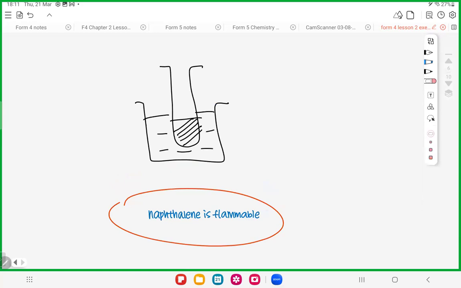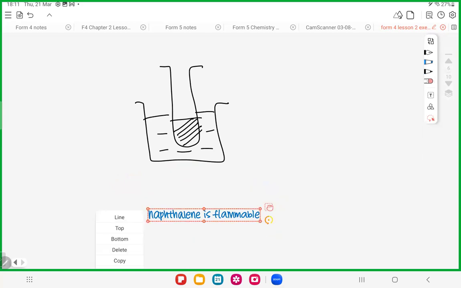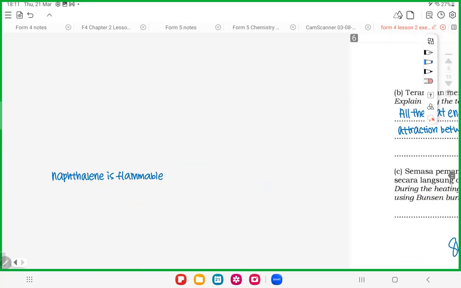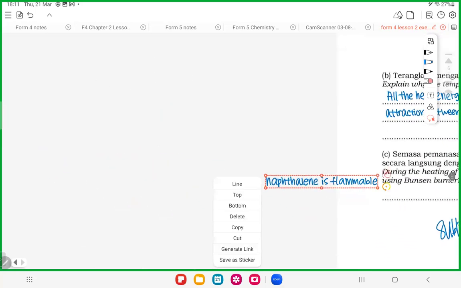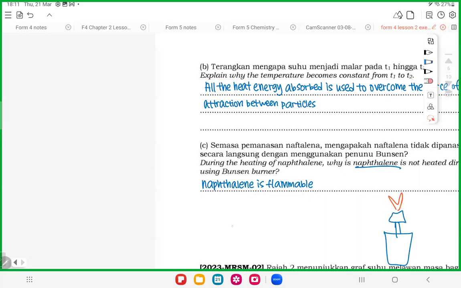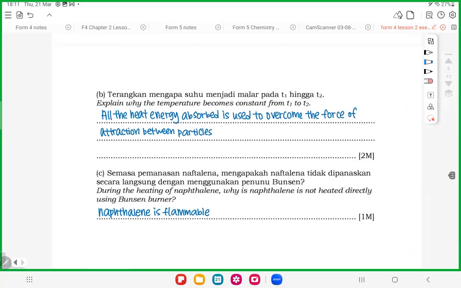So the main reason we don't heat naphthalene directly under the Bunsen burner is that it is a very flammable compound. I hope everyone knows what we mean by flammable. They catch fire easily, they burn very easily.